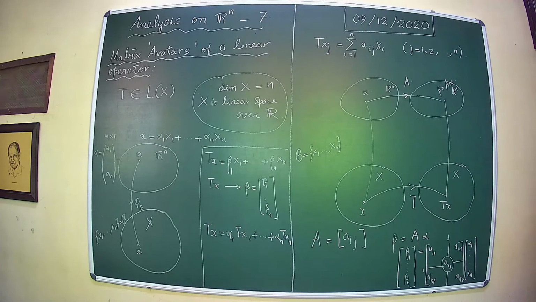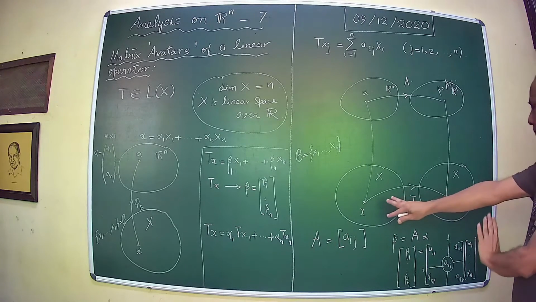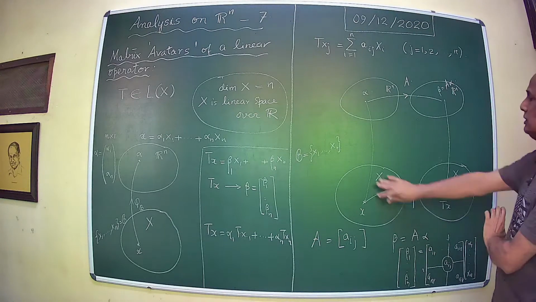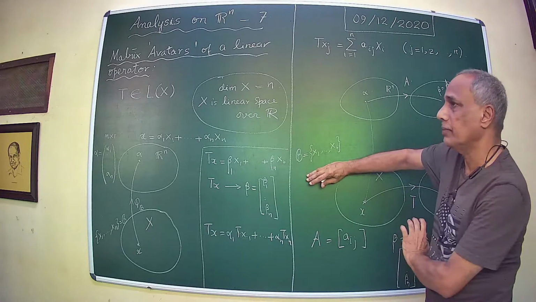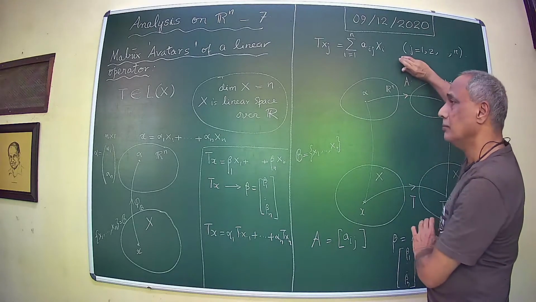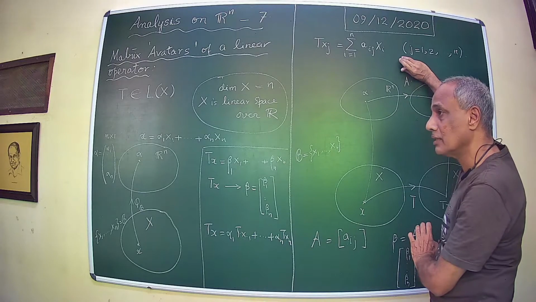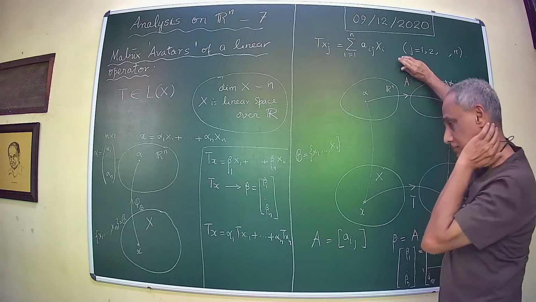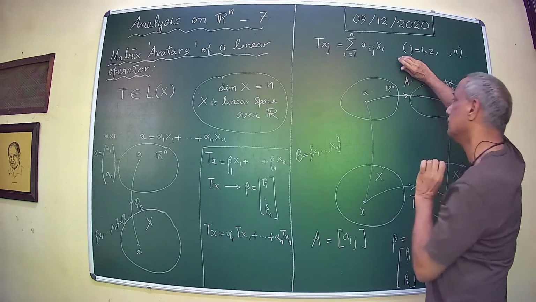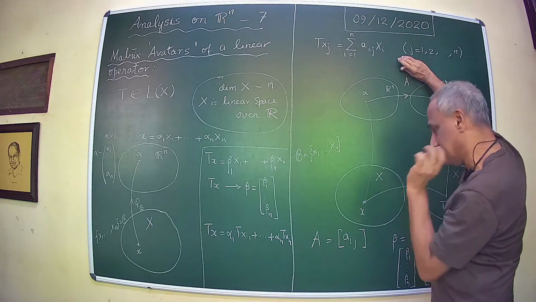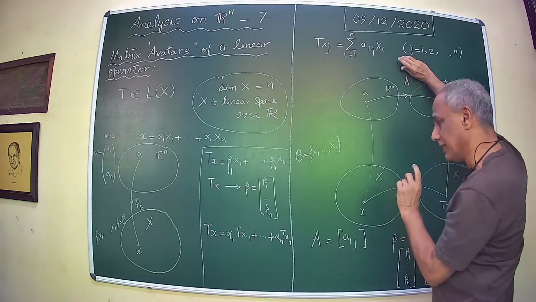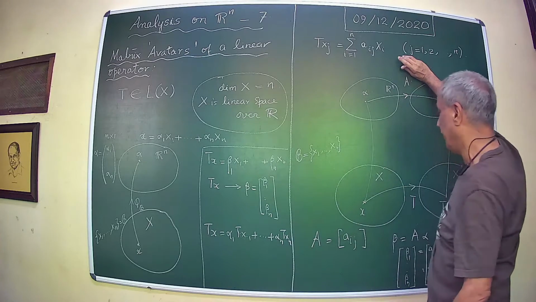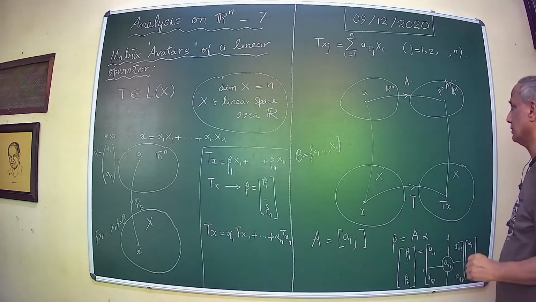So for every operator T on X, once you fix your ordered basis, there is a matrix representation, and the entire operation of mapping by T of a vector can be conceived as multiplication by A of the representative of X in Rn.